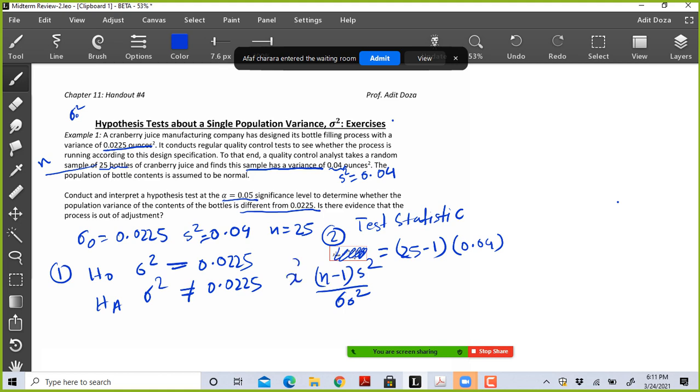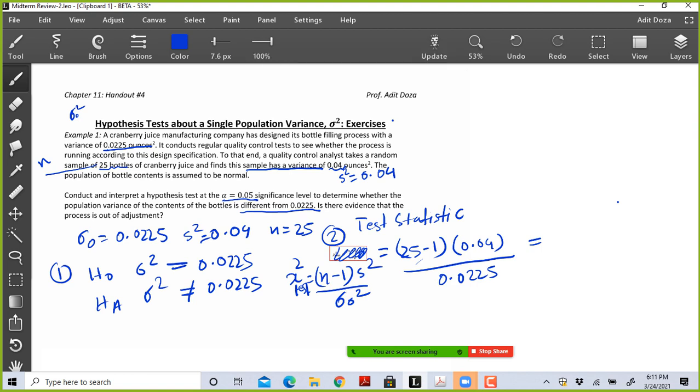This is the chi-square test statistic. So 25 minus 1 times s square, which is 0.04, divided by the hypothesized sigma square, which is 0.0225. If you use your calculator, we will get 42.667. So we completed step 2 as well.